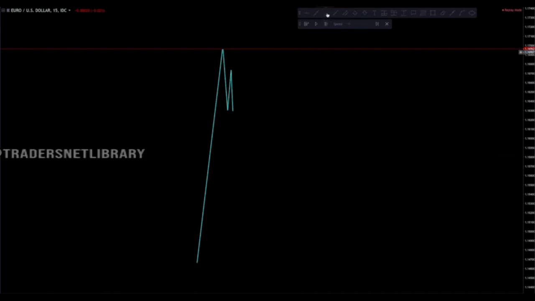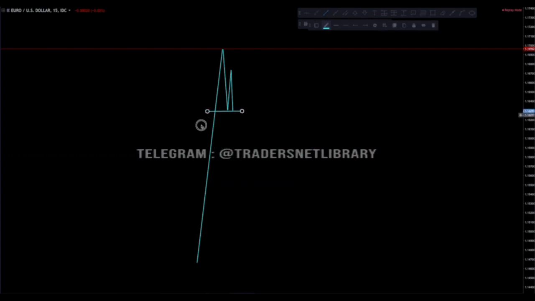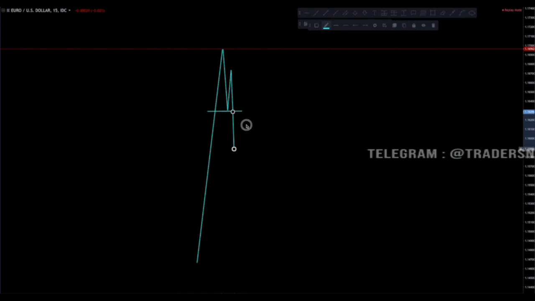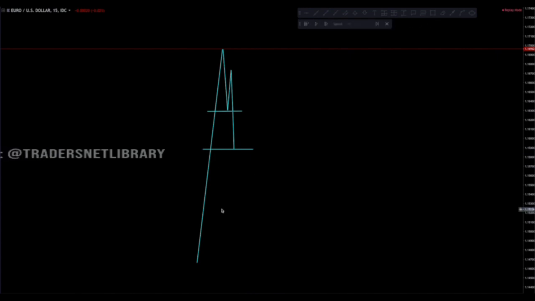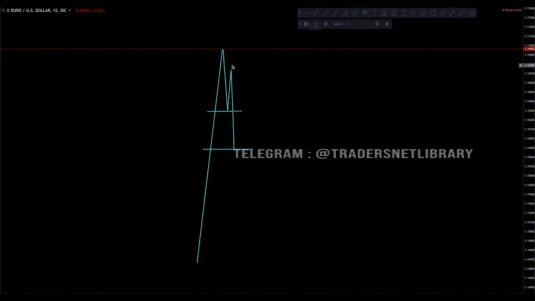All right, so let's mark our neckline right here. It's gonna just drop, and it's just gonna stop where there was minor resistance. All right, so there's not gonna be any pullback. It will just reverse immediately after this spike right here, the second one.